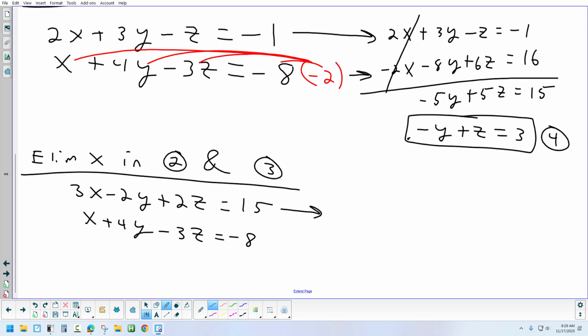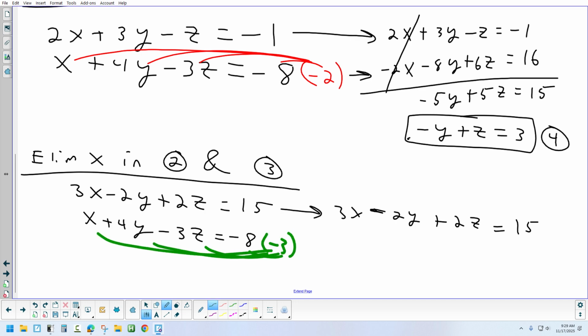Nothing. We're going to keep that one the same. That one's not going to change. So 3x minus 2y plus 2z equals 15. And what would happen to the bottom equation? Multiply by negative 3. And what do we get if we multiply the bottom one by negative 3?